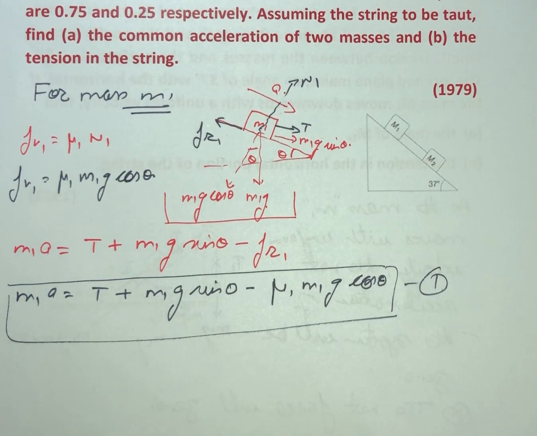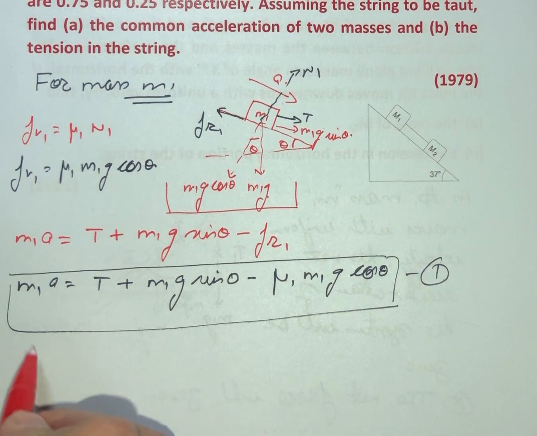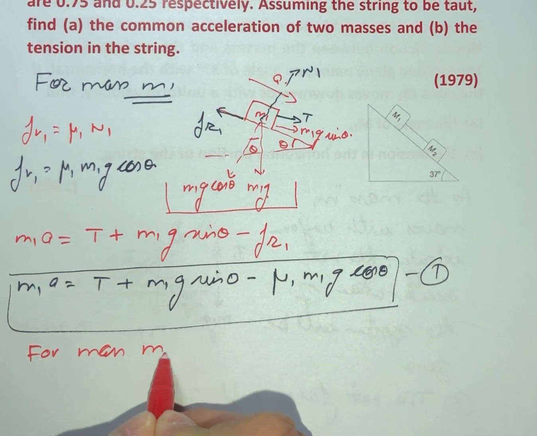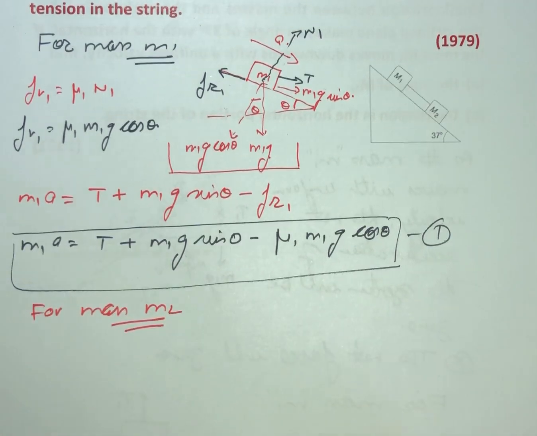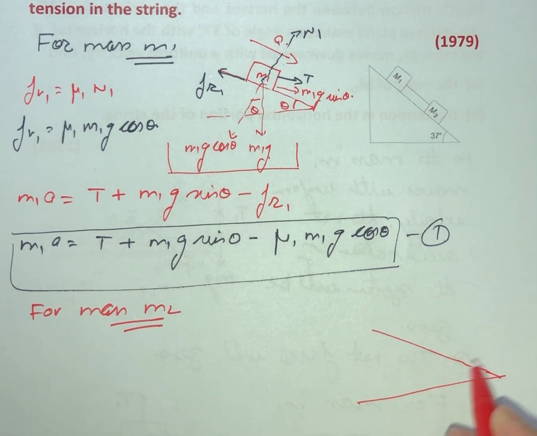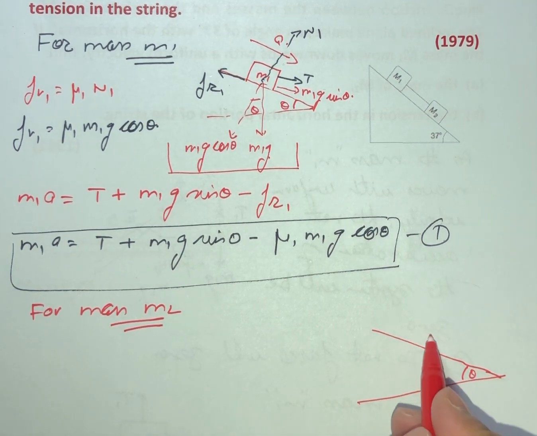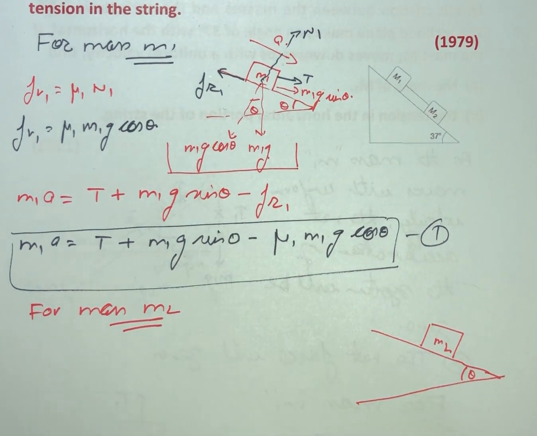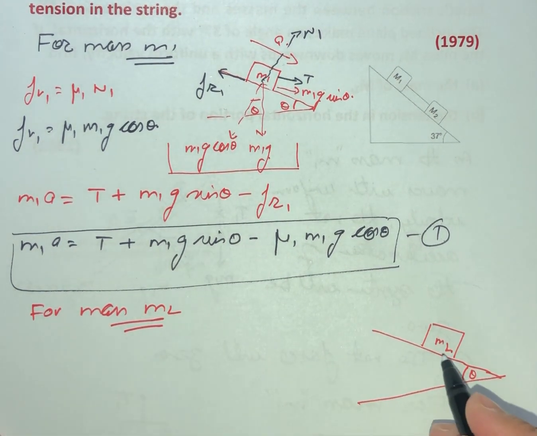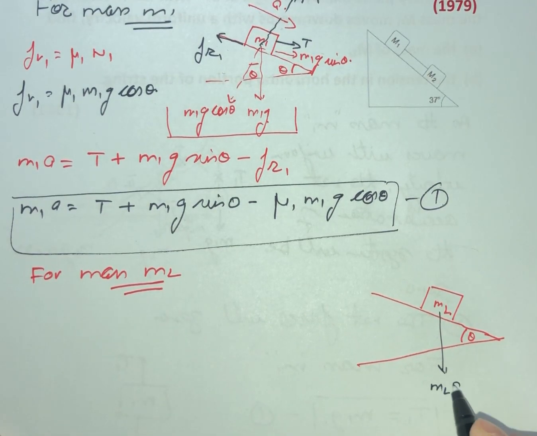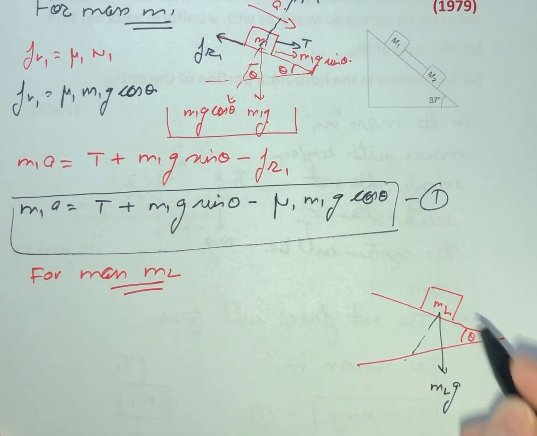Similarly, we write for mass m2. This angle theta, and we have mass m2, and m2g vertically downward. It has two components.